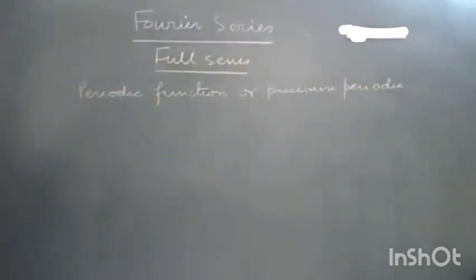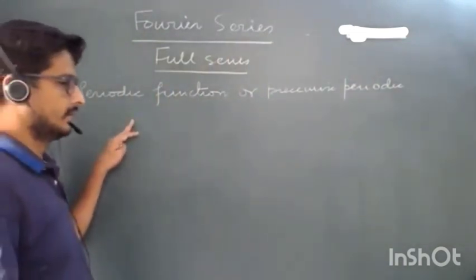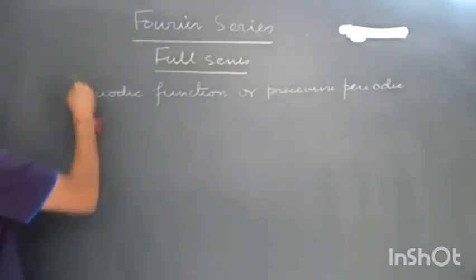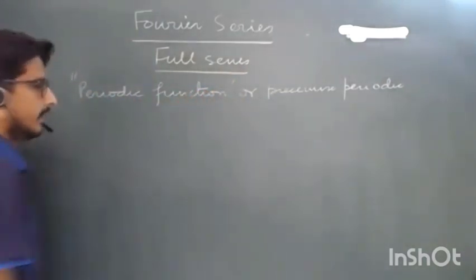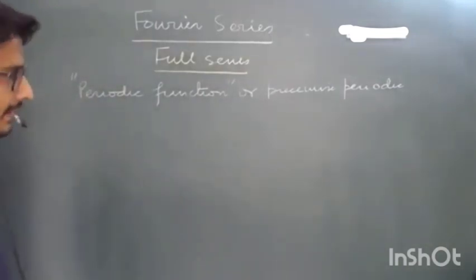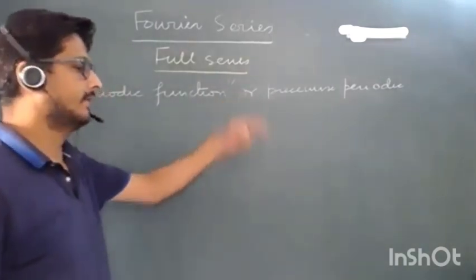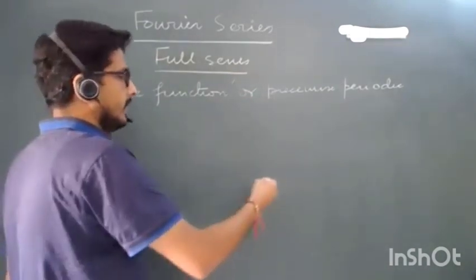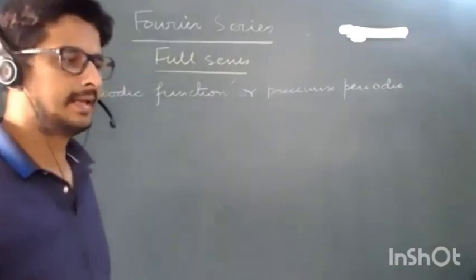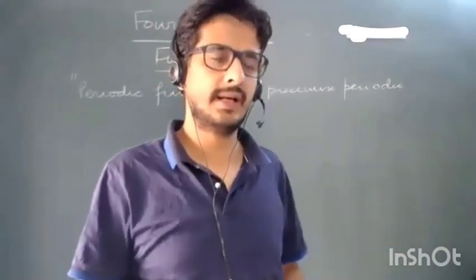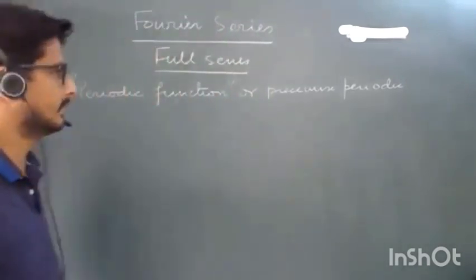Okay, so the function should be a periodic function. The Fourier series can only be written when the function is a periodic function or it is piecewise periodic. That means you are given that the function is periodic in a certain domain, although the very nature of the function may not be periodic, but you are given that the function is periodic in a certain domain.